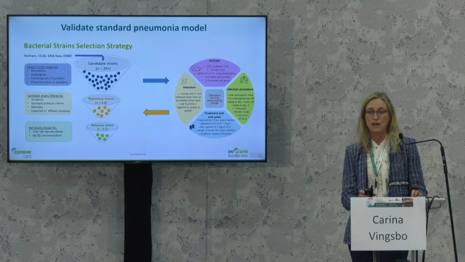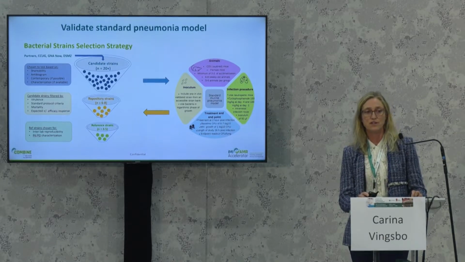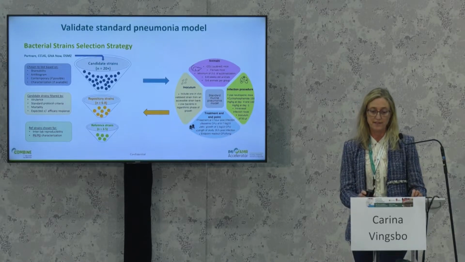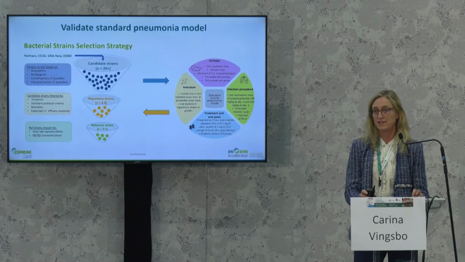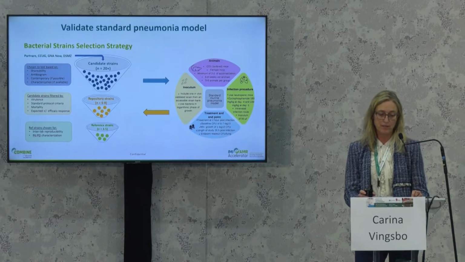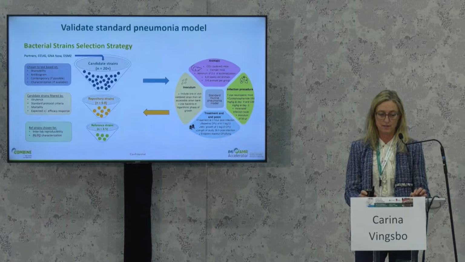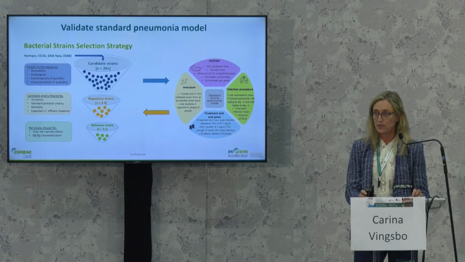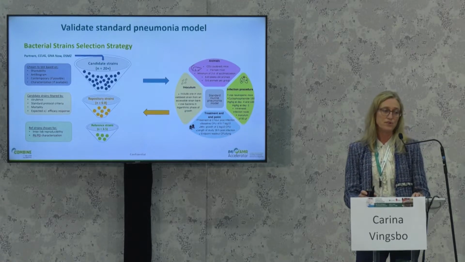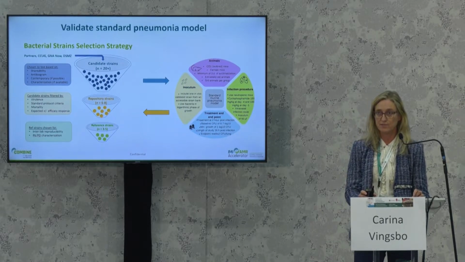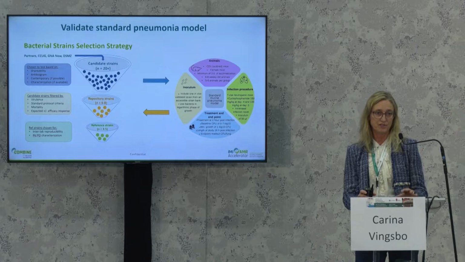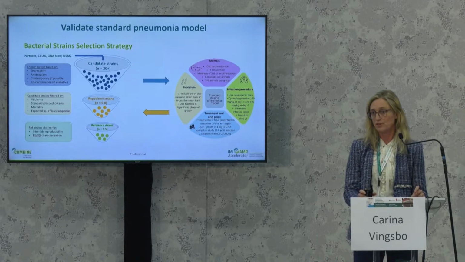And these isolates are then used for this infection model, and if the results meet the standard criteria, the isolates will be part of our repository. Strains in the repository will then be selected for further treatment studies in this model, and if we generate good data also with that, they will be part of the reference strain bank that will later be accessible to the AMR community.